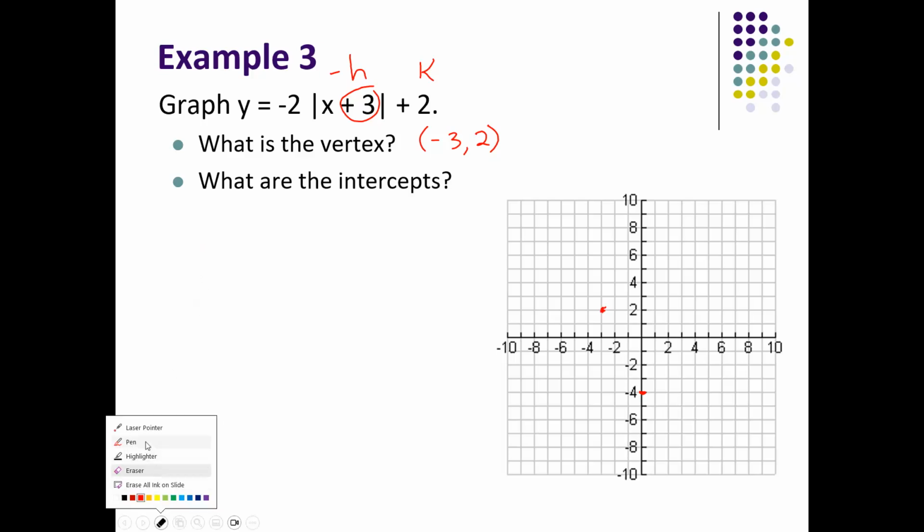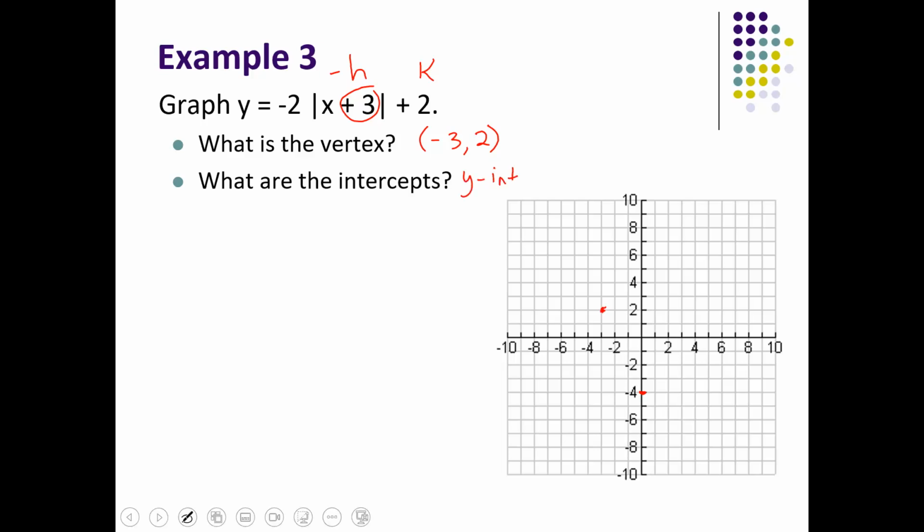We found what our y-intercept is, and we're going to place that here. We said it was 0, -4. Now to find the x-intercepts, we let y be 0. Using that same equation, instead of y we put 0 equals -2 times the absolute value of x plus 3, plus 2. Now we need to solve for x.